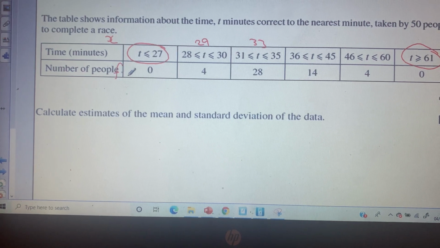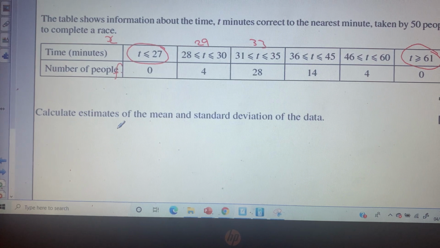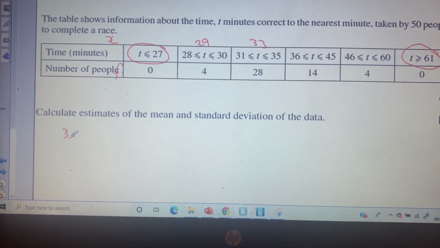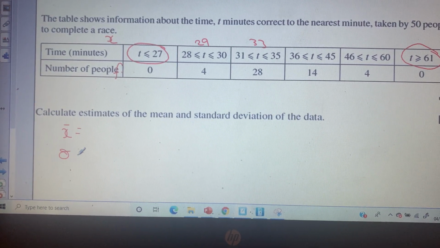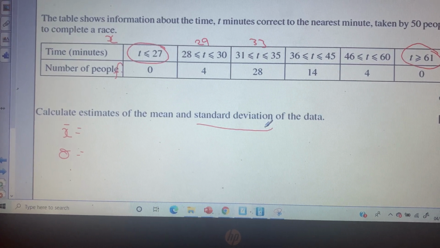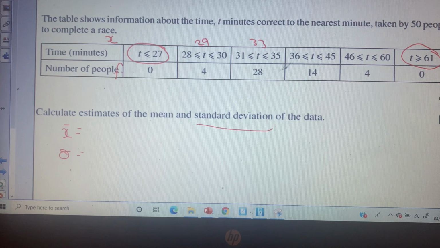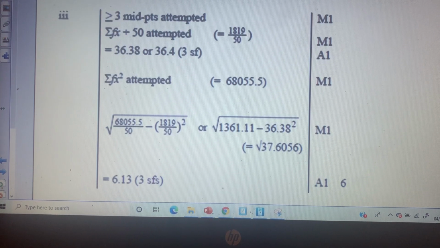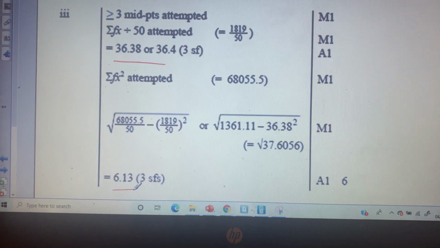These are your frequencies. You put it into your calculator and you get the mean and the standard deviation, literally reading them off. Just be careful, it asks you for standard deviation and not variance. So pause the video again and then check your answers with these. So there's the mean and there's the standard deviation. Well done. Phew.